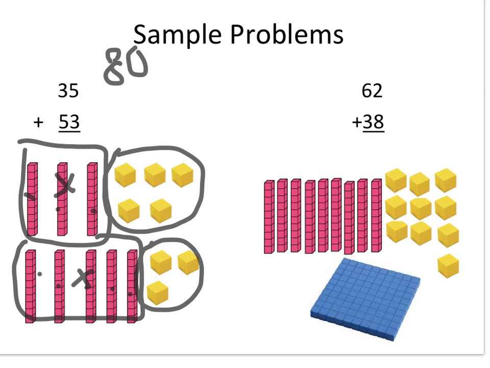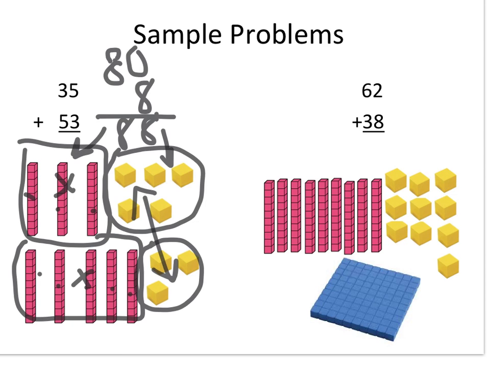Then they would go to their 1s, and if they whoosh these together, we would have 5 1s here and 3 1s here, and again, that would be 8. So we have 8 10s and 8 1s, and our answer then is 88. So even though the numbers are both 8s, they represent very different things. This 8 represents 8 of these, this 8 represents 8 of these, and students really need to understand that.